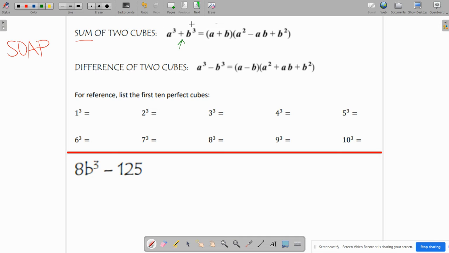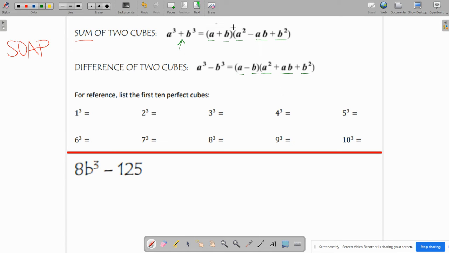The sum and difference of two cubes always factor into a binomial and a trinomial. You can see that for both of these, and they both have all the same terms. So it goes a, b, a squared, ab, b squared, and here it's also a, b, a squared, ab, b squared.